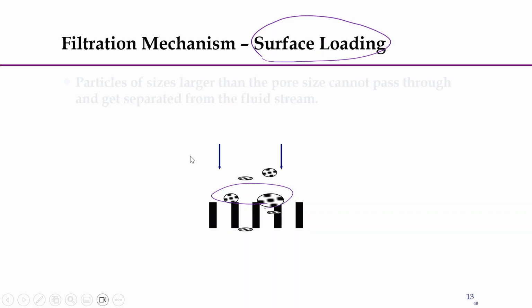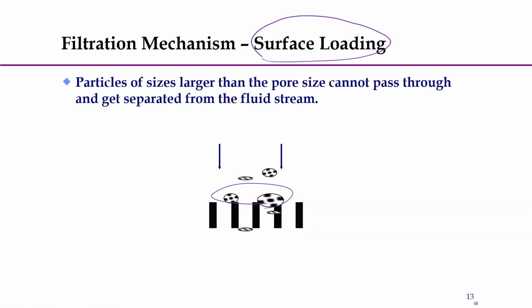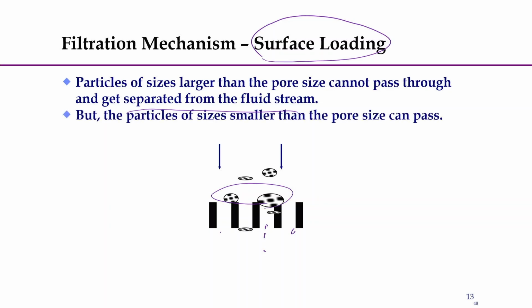Particles larger than the pore size cannot pass through and get separated from the fluid, and the smaller particles will pass through, and gradually the surface will be loaded. Initially it will allow the smaller particles to pass through, so that the cake formation is there.